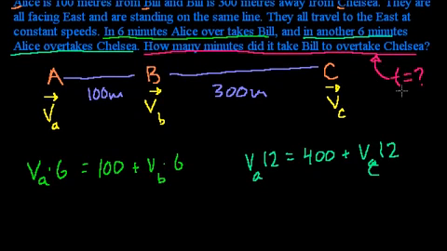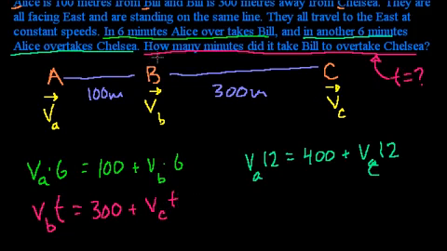Let's say it's time t, so the velocity of Bill times this time is going to be equal to, for him to overtake Chelsea, he has to travel 300 meters more than her in that same amount of time. So he has to go 300 meters more than how far Chelsea travels in that time. So that's what this is. And then we essentially are just trying to solve for this time.